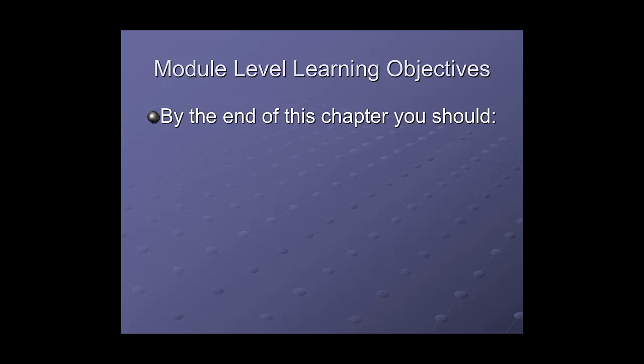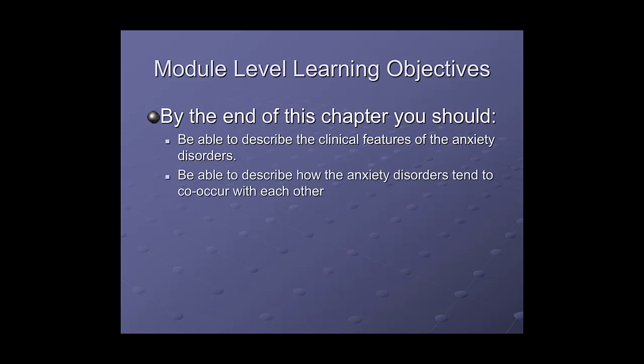Some things that we're going to be reviewing in this lecture are describing the clinical features of anxiety disorders, and describing how anxiety disorders tend to co-occur with each other. In other words, we see a fairly high level of comorbidity between anxiety disorders.